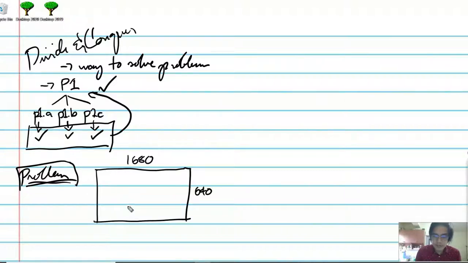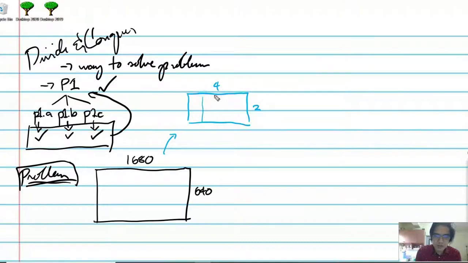What is the measurement that would allow me to divide this land into equal parts while at the same time getting the biggest possible land area? Let us break that problem down into a smaller problem so that we are clear. Say for instance, I have a 4 by 2 landmass.